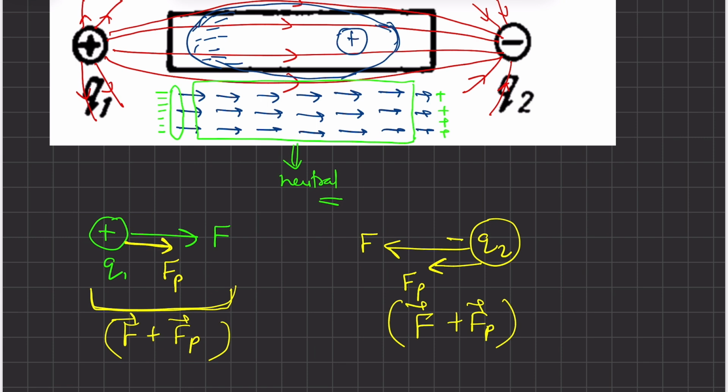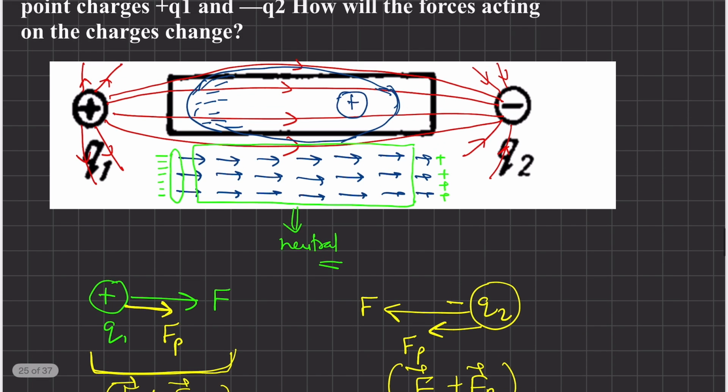Rather it would be that force plus some polarization force, which is supporting the electrostatic force between these two charges. So at the end, if they ask what is going to be the force profile on these two charges, the answer is that the forces are going to increase, and this is the reason.